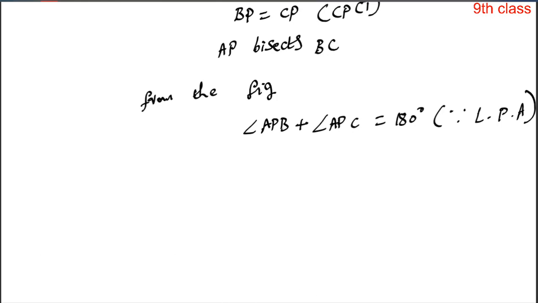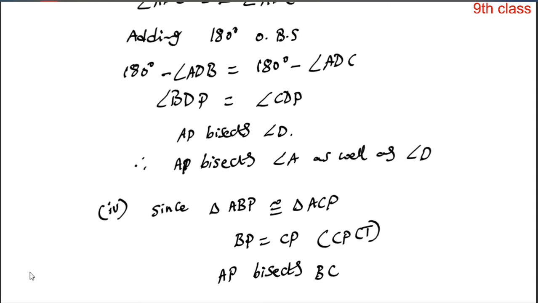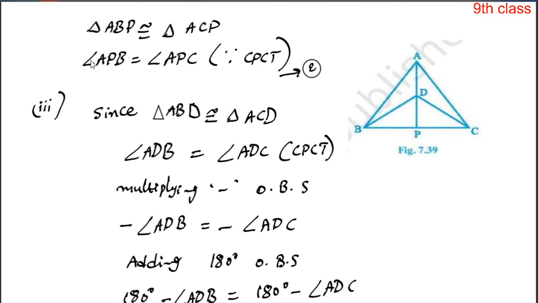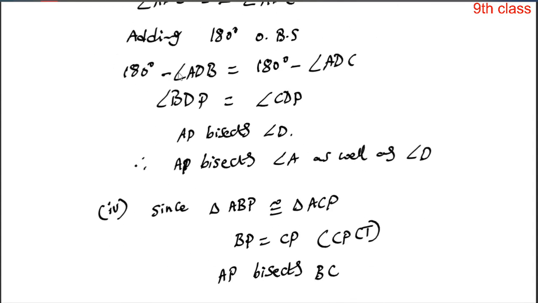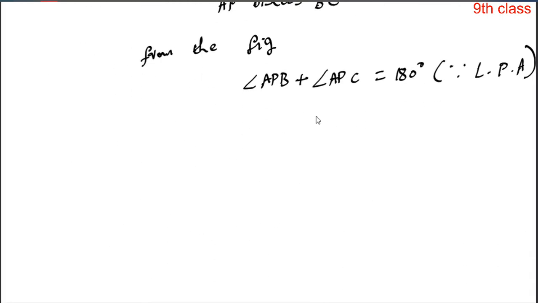By using equation 2, angle APB is equal to angle APC. Substitute: angle APC plus angle APC is equal to 180 degrees.